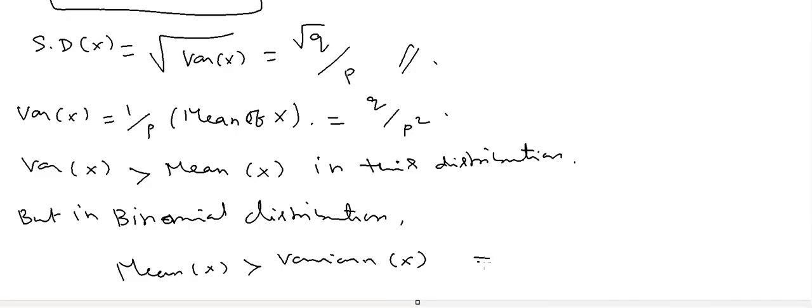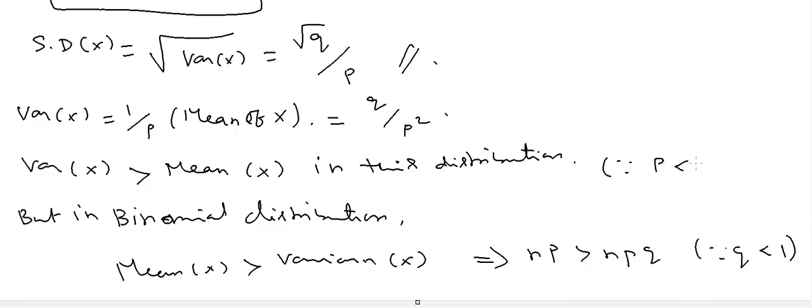Because np, what is the variance? npq. np is always greater than npq. Since here q is less than 1, and here since p is less than 1, we are dividing by a value less than 1. Here we are multiplying by a value less than 1. Okay, is this clear?